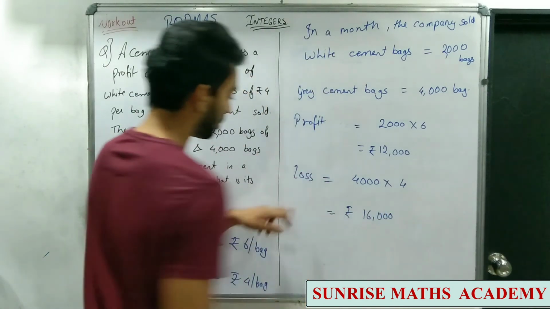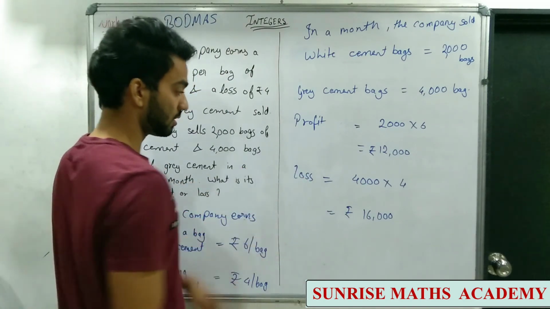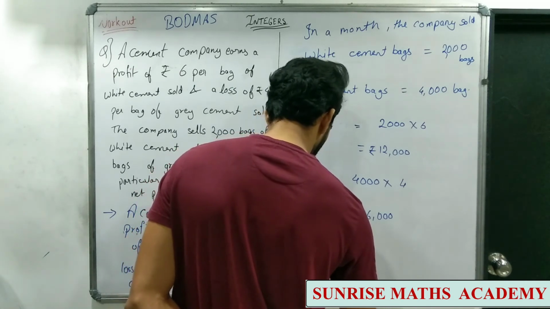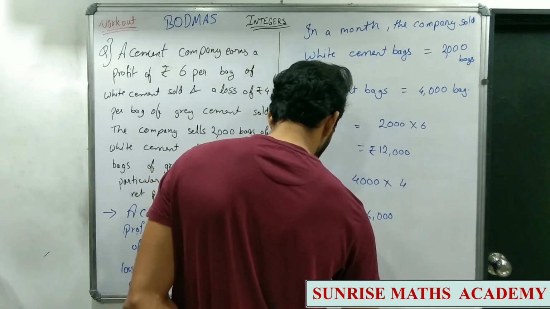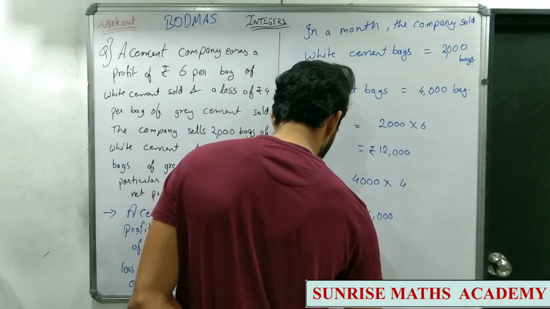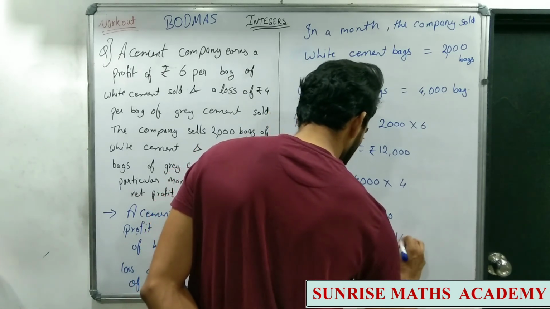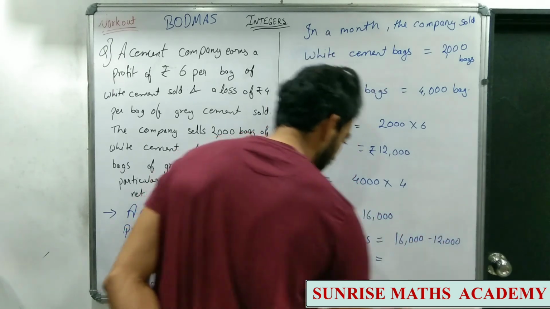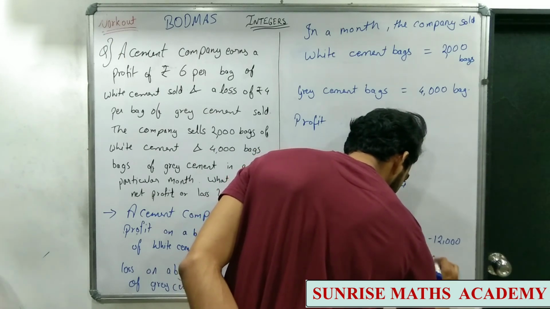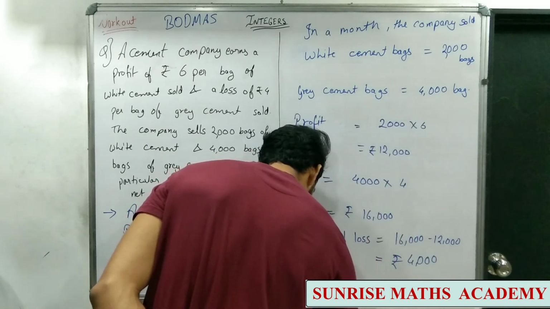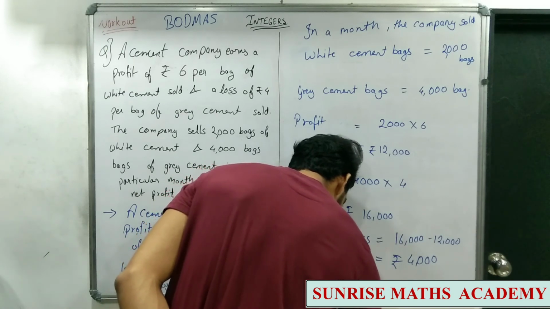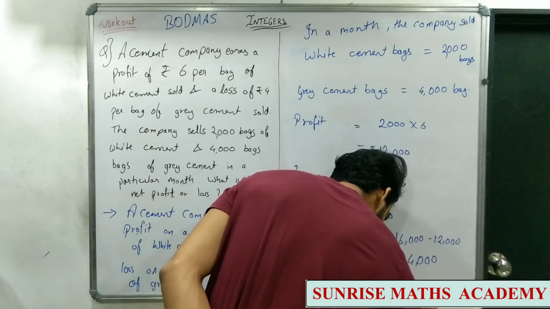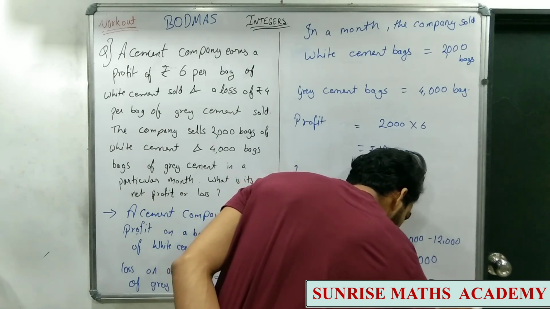So the loss is greater than the profit, therefore there is an actual loss, and the actual loss equals 16,000 minus 12,000 equals 4,000 rupees loss. Therefore, final statement: the company has suffered a loss of rupees 4,000.